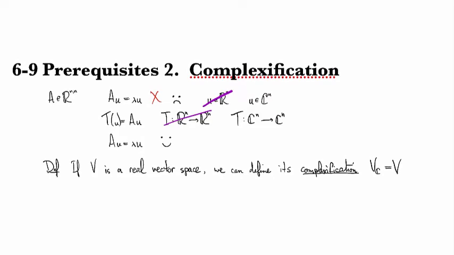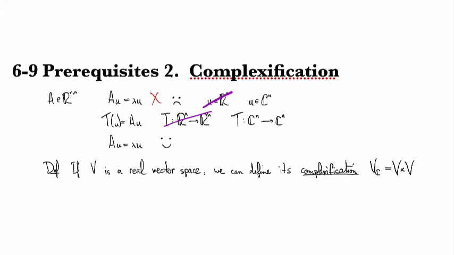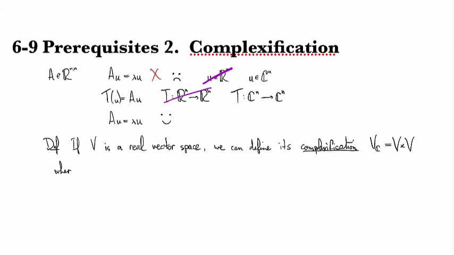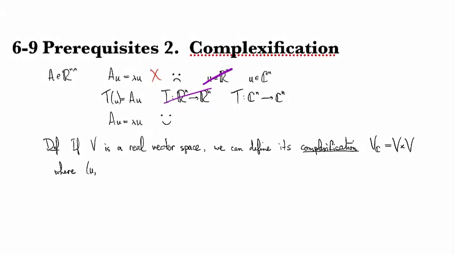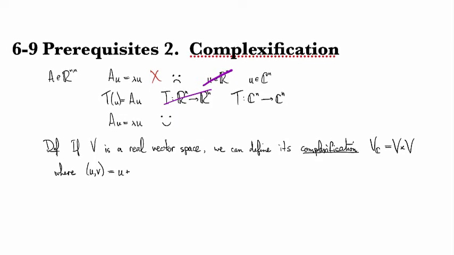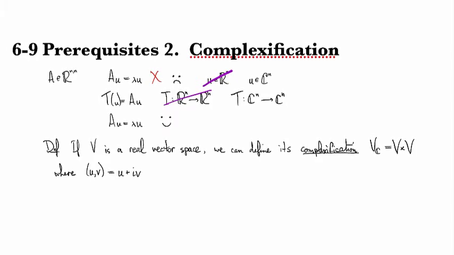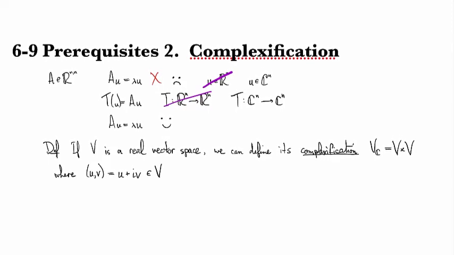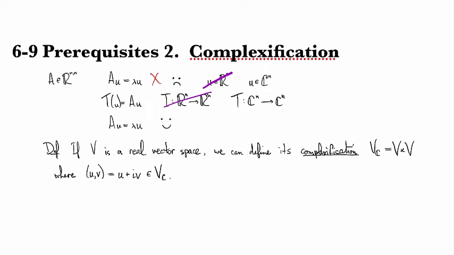It's actually just a Cartesian product of V with itself, so it mimics the construction of the complex numbers from the reals. And we write a vector (u, v) as u + iv. Okay, and so that's what an element of V_C looks like.